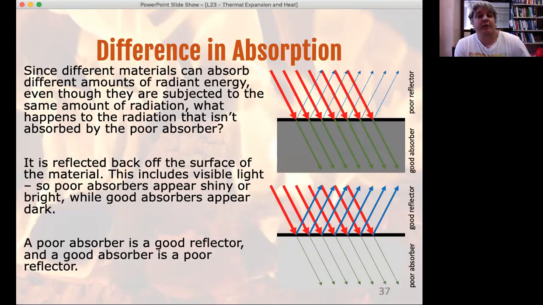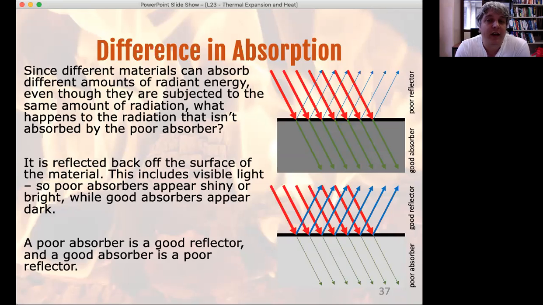Since different materials can absorb different amounts of radiant energy, even though they're subject to the same amount of radiation, what happens to the rest of the radiation? It's reflected. If you shine radiant energy, which is just light, this could be visible light or light that we can't see, like ultraviolet or infrared radiation, onto a surface, some of it is absorbed and some of it is reflected, bounces off the surface. The amount that's absorbed is determined by what the material is.